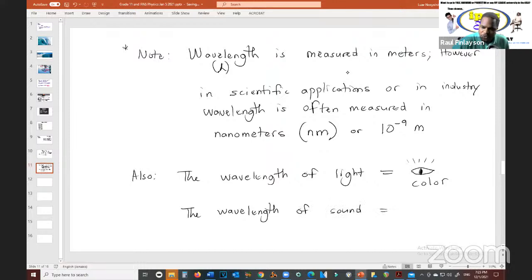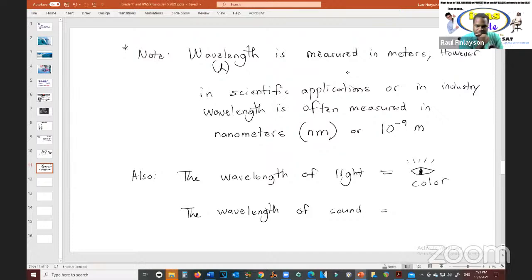All right, this is interesting now. Let's see what we hear around us that tells you about wavelength. To put it this way now, the frequency and the wavelength are actually inversely related.